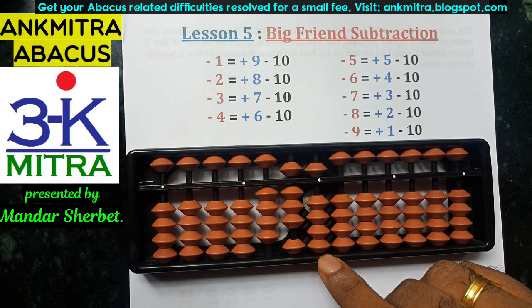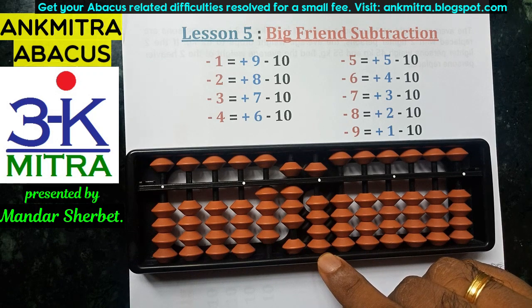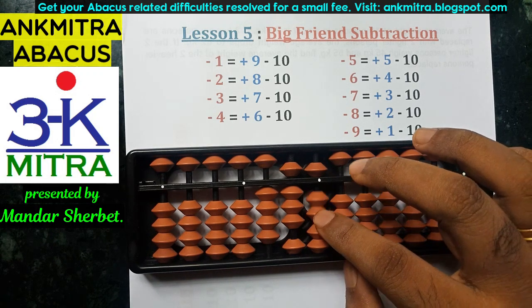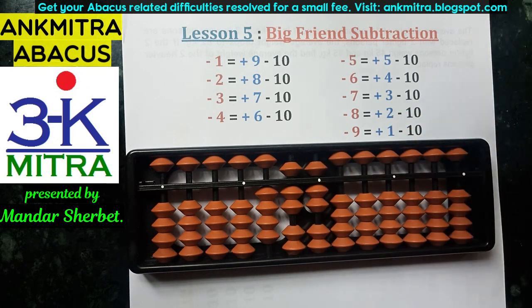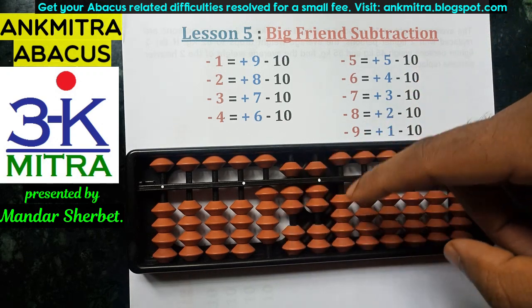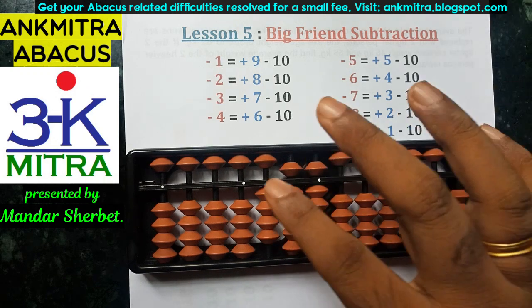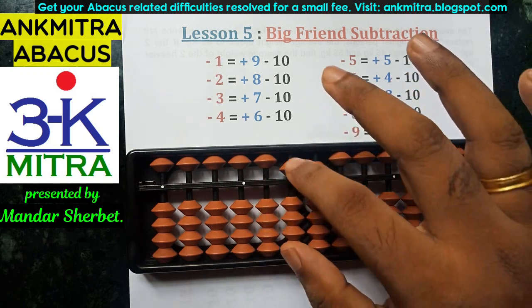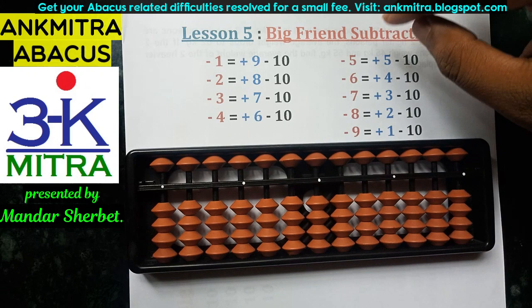Now for subtracting 8 on the units place, I don't have 8 beads available to subtract directly. Hence I'll use the big friend formula of minus 8, which is plus 2 minus 10. And in this way, after subtracting 78 from the number 555, the answer that I have here is 477.